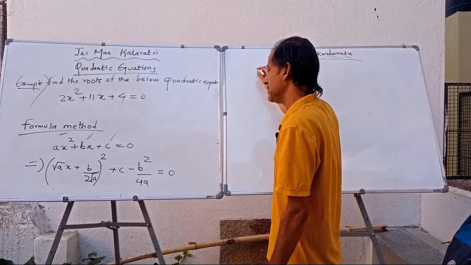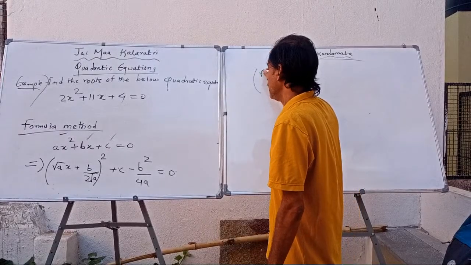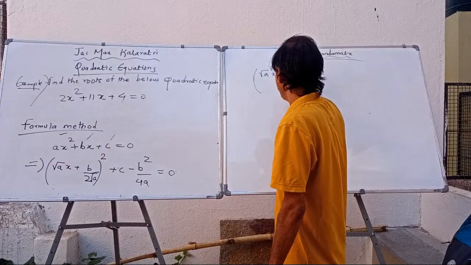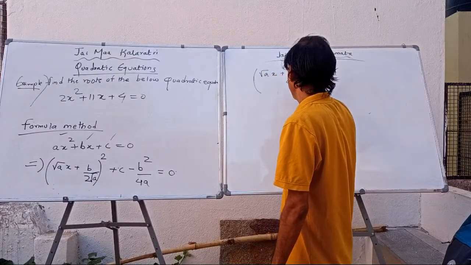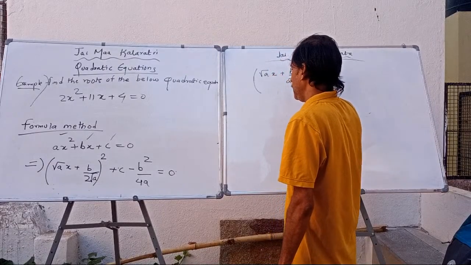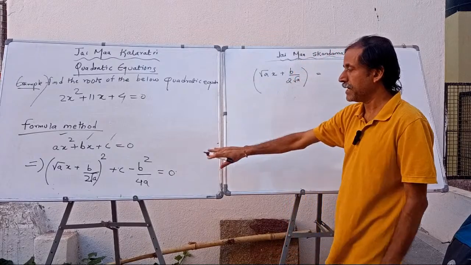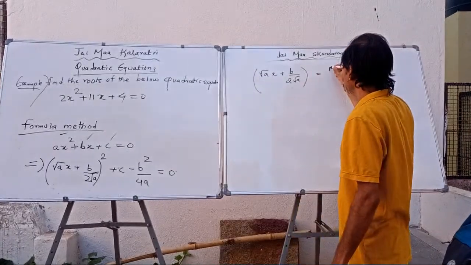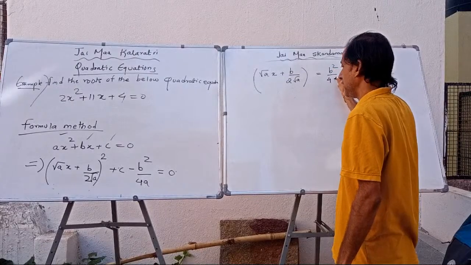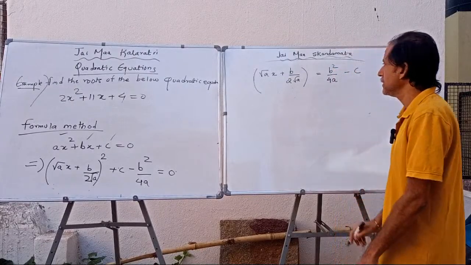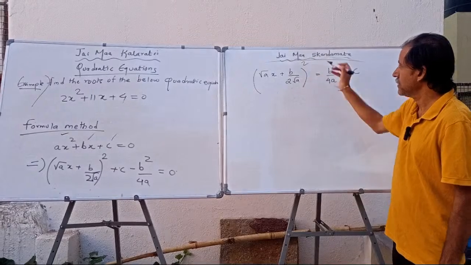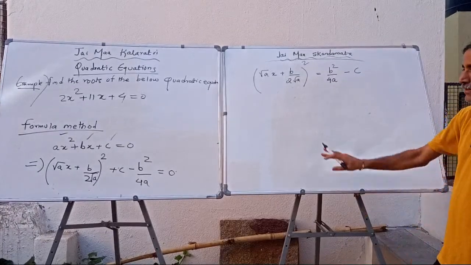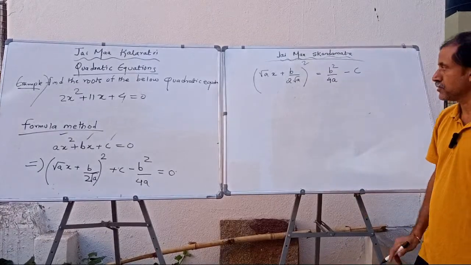So now this is, don't write, just wait for me to finish, is equal to, can I take both of them there? It becomes b square by 4a minus c. Is it right? Take them to the other side, transpose.